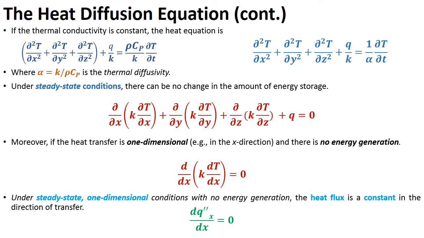Second is for steady state condition, and third is for one dimensional, no energy generation and steady state condition. And for steady state one dimensional with no energy generation, heat flux is constant in the direction of heat transfer.